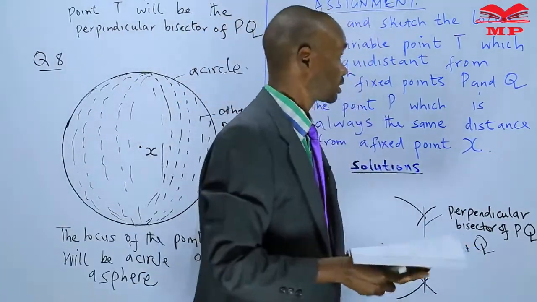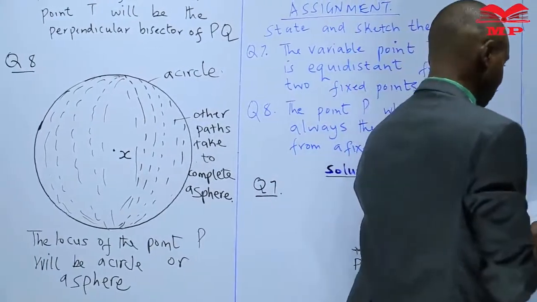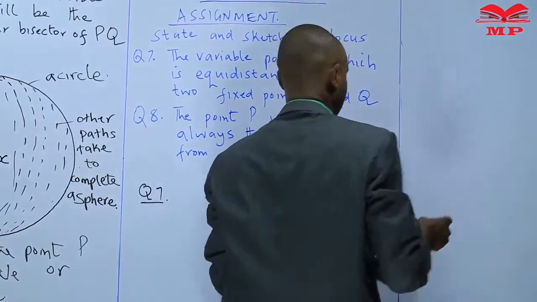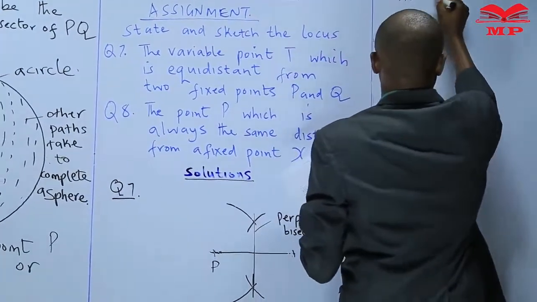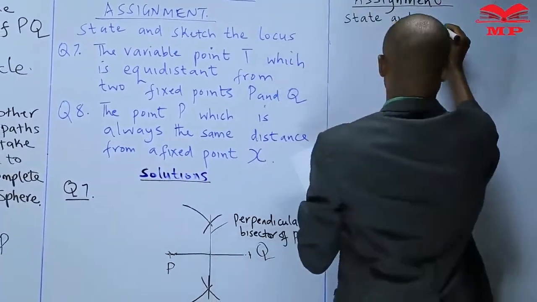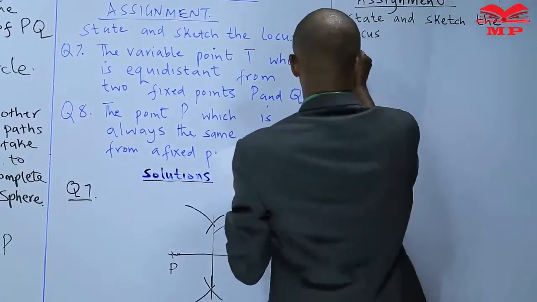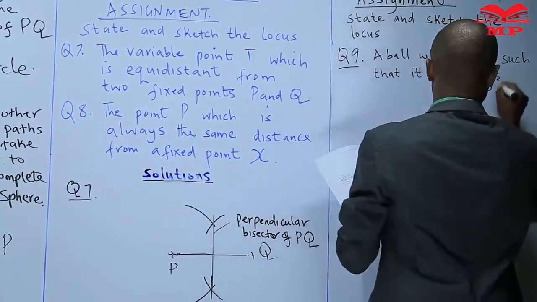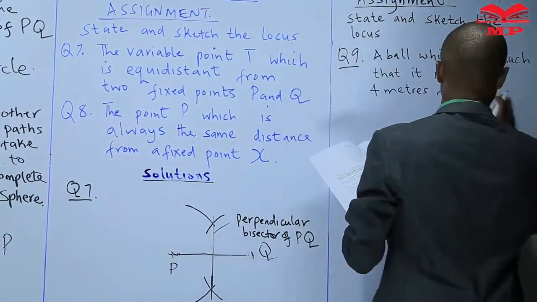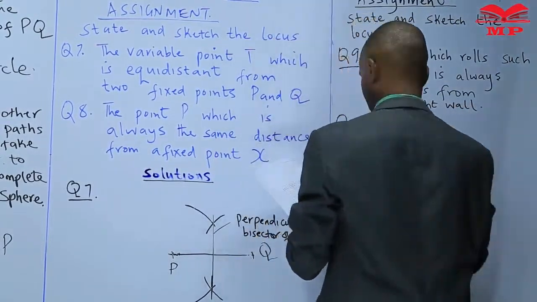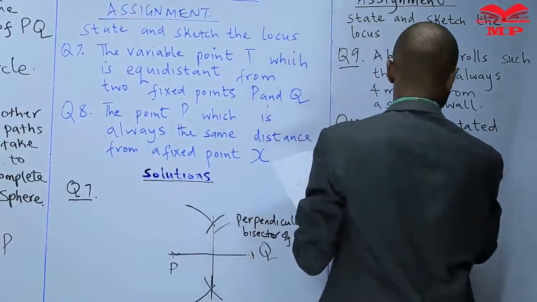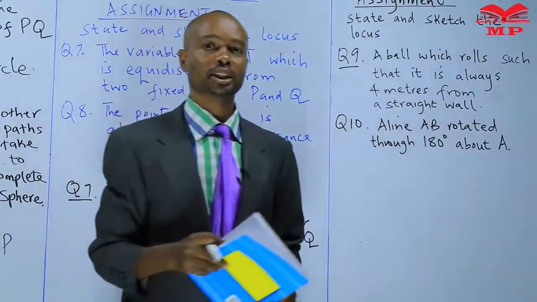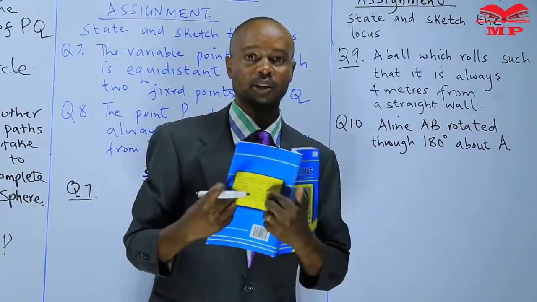Question 9, assignment. So those are 2D rotated through 180 degrees from A.